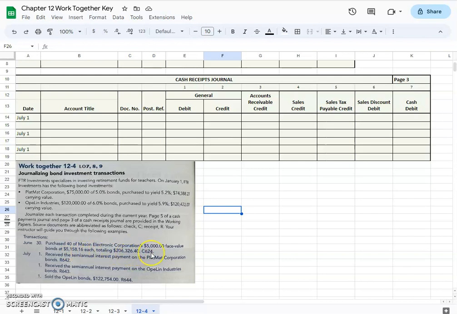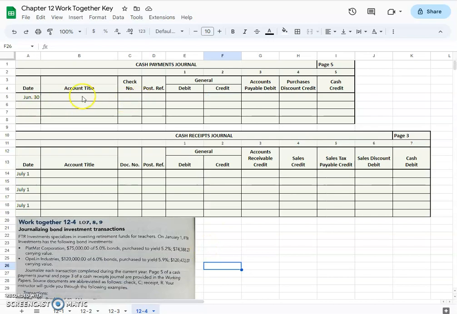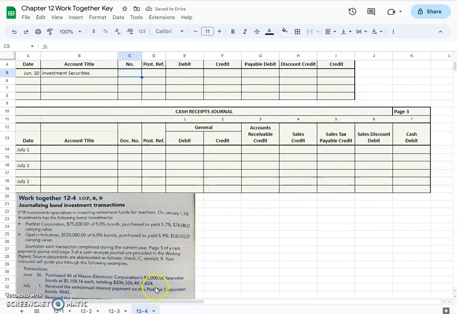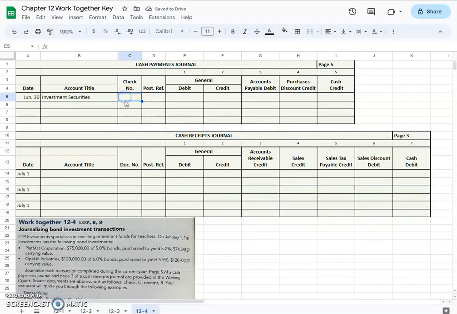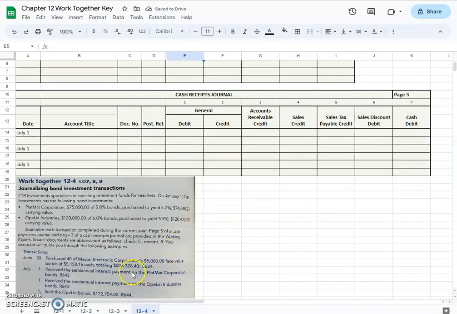$206,326.40. Check number 624. So we're purchasing, it's got to go in our cash payments journal, right? And this is June 30th. It's going to be investment securities, check number 624, and we paid $206,326.40.